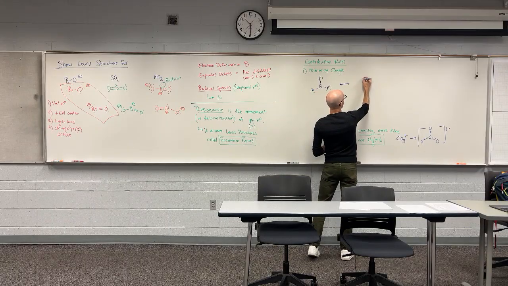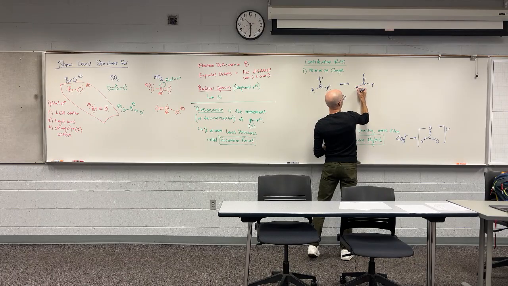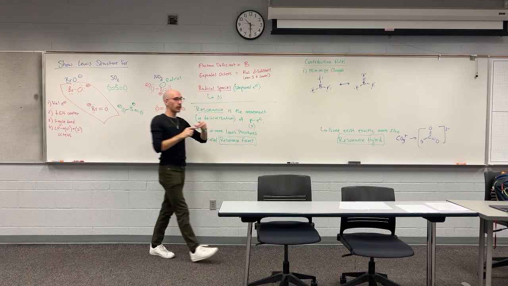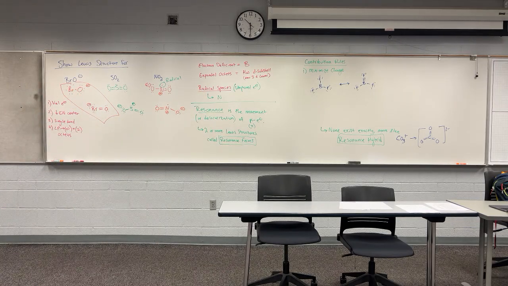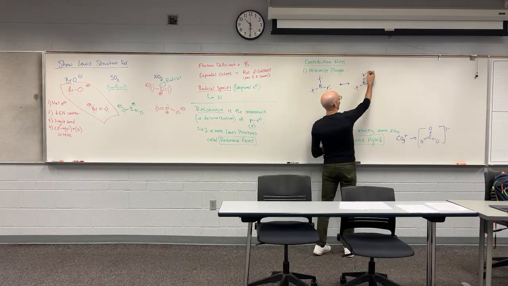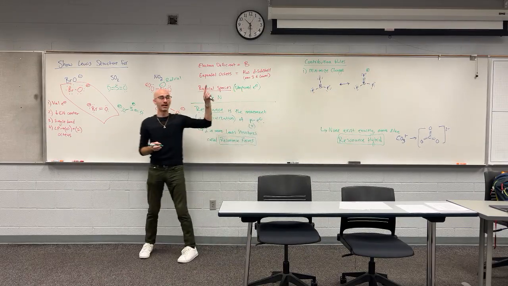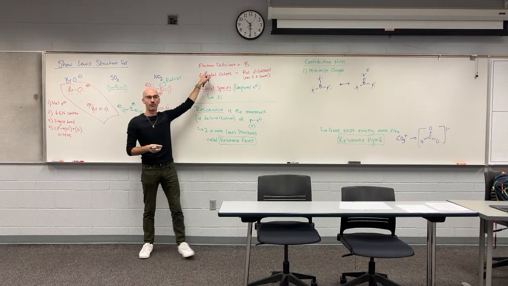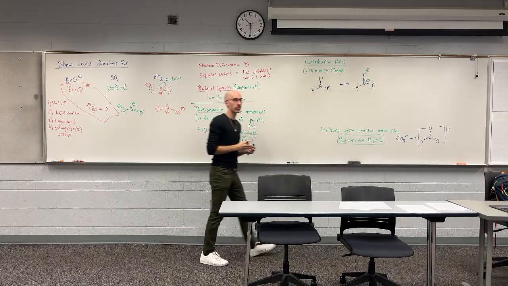Some of you drew a structure like this, in which all of the valence electrons are there, and every atom has an octet. But fluorine doesn't like to make two bonds. When it does, it takes on a positive charge. And boron actually doesn't like to take on 4 bonds, because when it does, it takes on a negative charge.